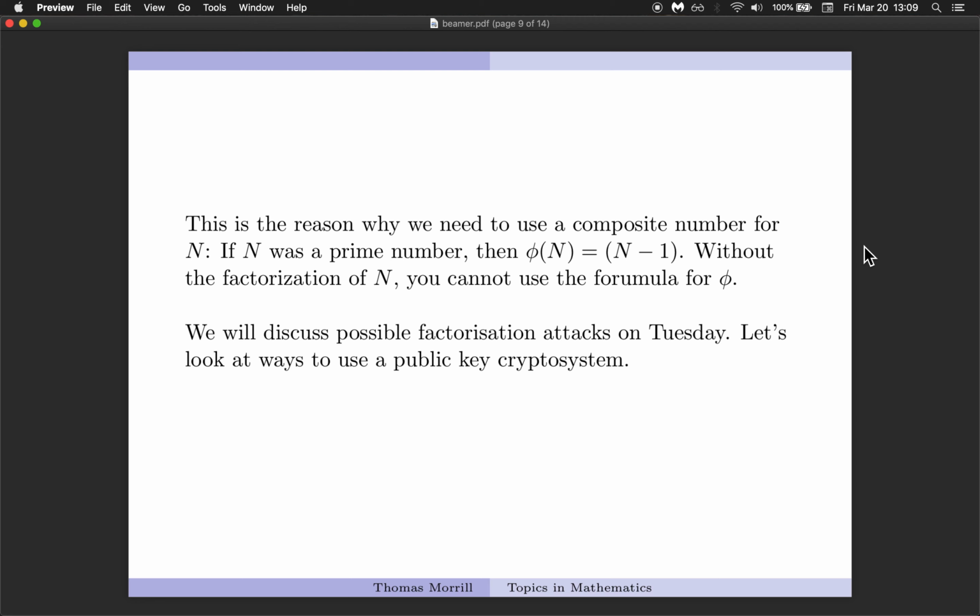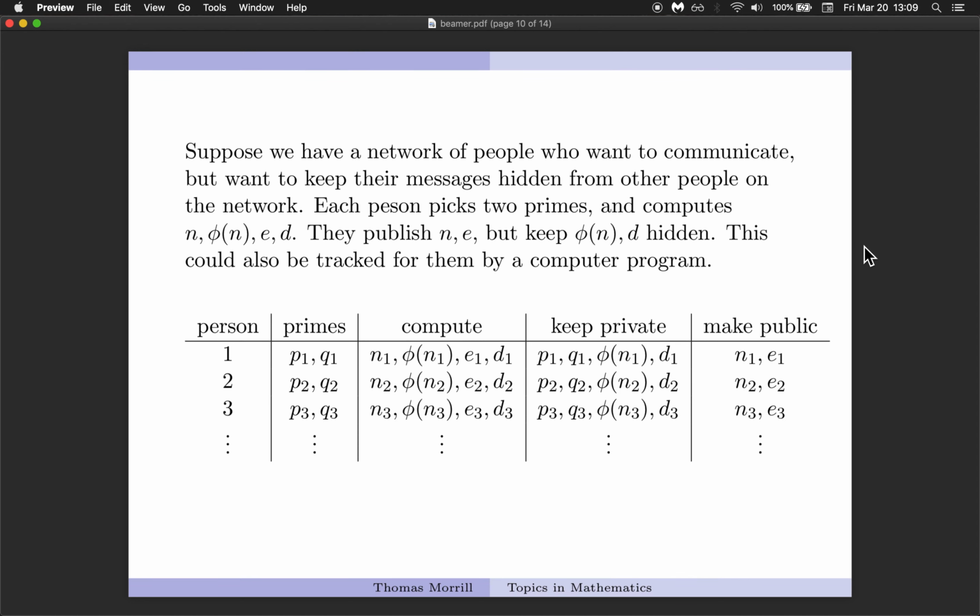Why is this a good idea, to have a public key crypto system? So this is a table I've taken directly from the notes in lecture 16. If you have a whole bunch of people who want to send messages to each other, but to keep their messages hidden from anyone except the person they want to talk to, we can build up a database of these public key systems.